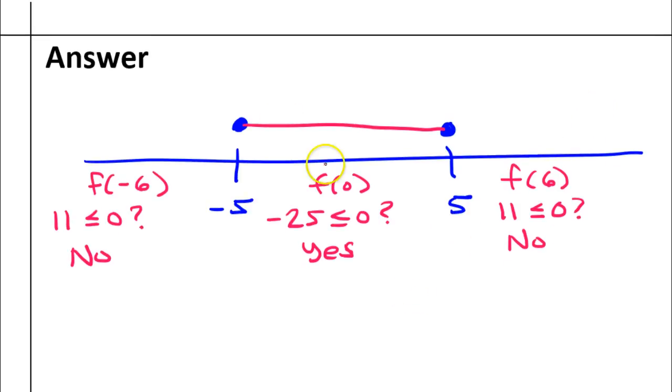So now we can just record this solution also as an interval from -5 to +5. So that would look like this. -5 to +5, bracket, bracket. These are closed circles, so we use the brackets instead of parentheses. And that's it. That's the answer for number 2.